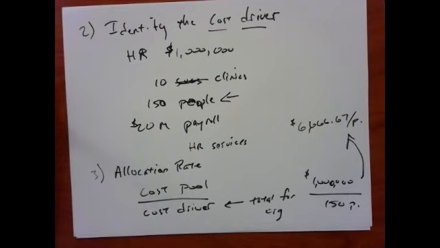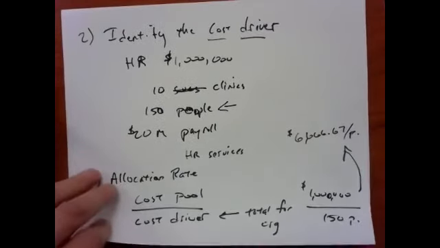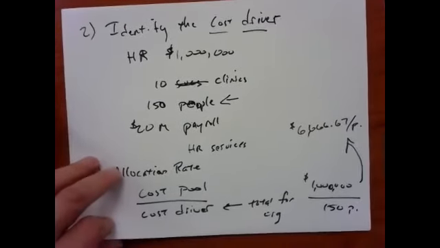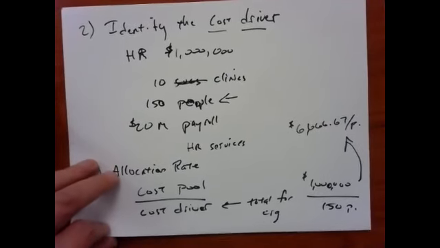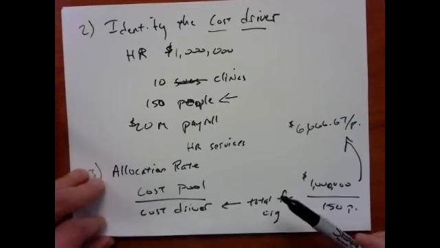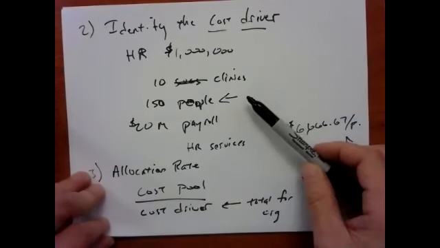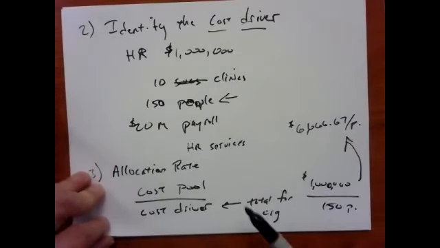And so if you can keep track of hours, if you use hours as a cost driver, then you'll probably get a more accurate allocation rate, and that's probably more fair.